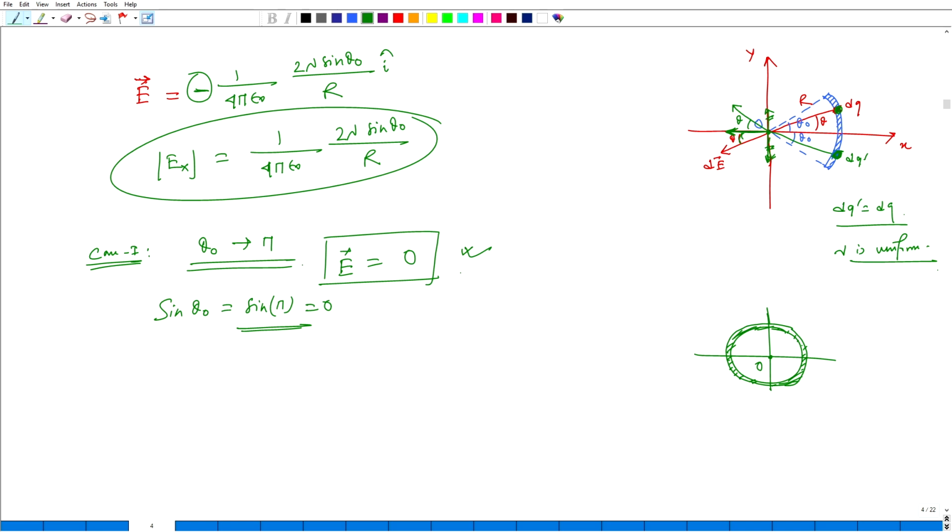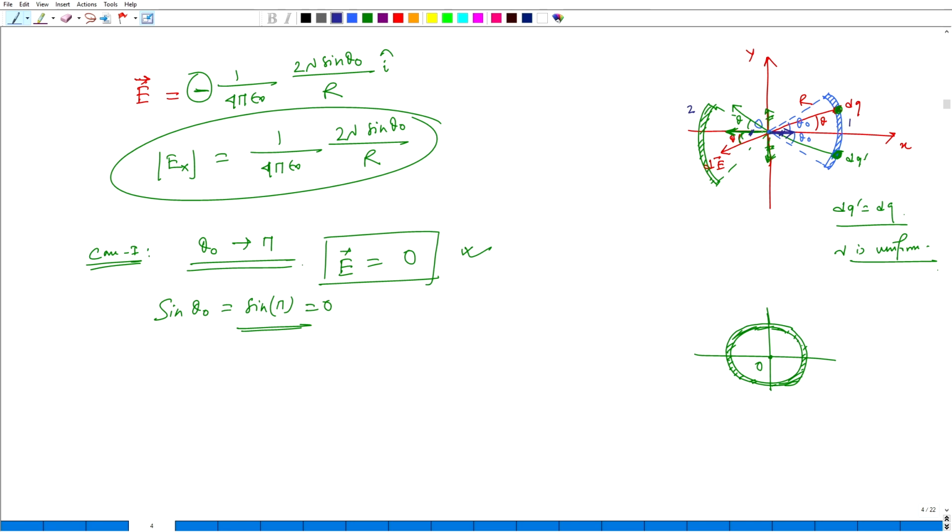Again, you can use symmetry arguments. If we put an extra arc on this side and calculate the electric field at point O due to this arc, it points in this direction, so it cancels with the first one.